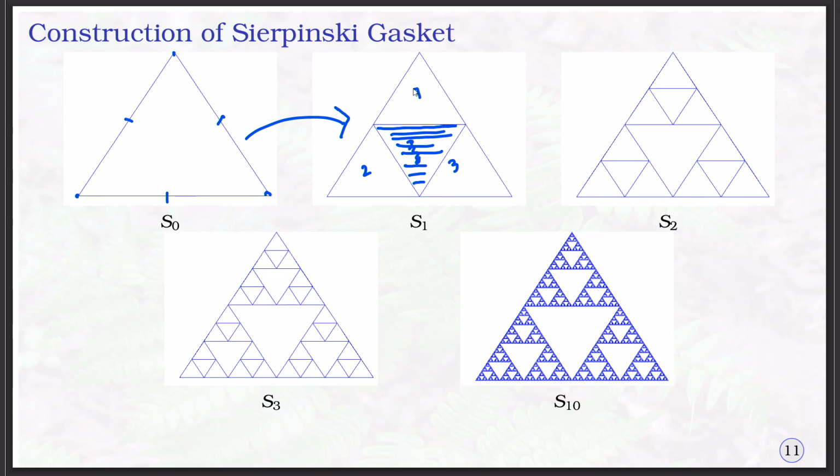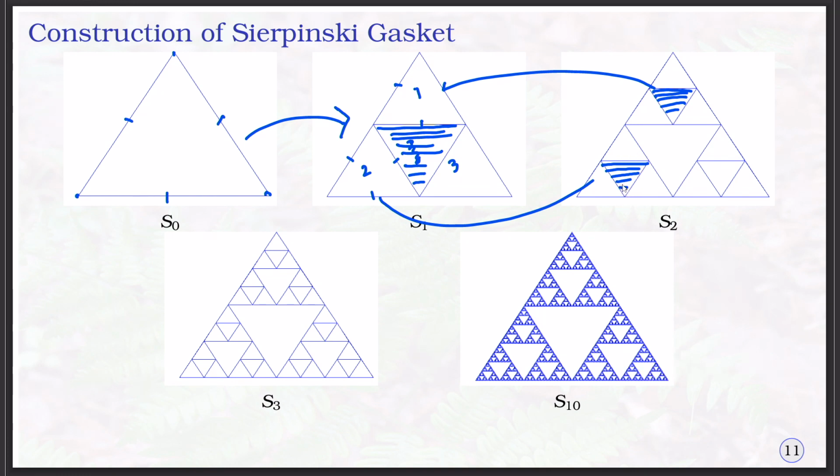For the first triangle, you can divide the sides into 2 equal parts and join these midpoints, then you will get this one, and remove the interior of the middle triangle. Similarly, here you can divide into 2 equal parts and join these lines, then one can get this triangle. Here also you can remove the interior of the middle triangle.